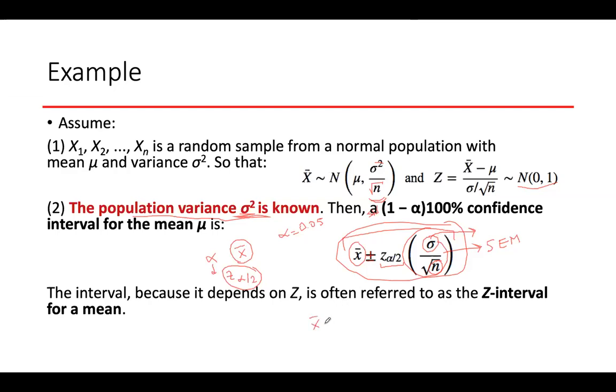X bar minus z alpha over 2 standard error of the mean, and X bar plus z alpha over 2 standard error of the mean. So this is my interval, and what I say, I am 95% confident that the population mean falls in this interval, okay? This is what you should remember.